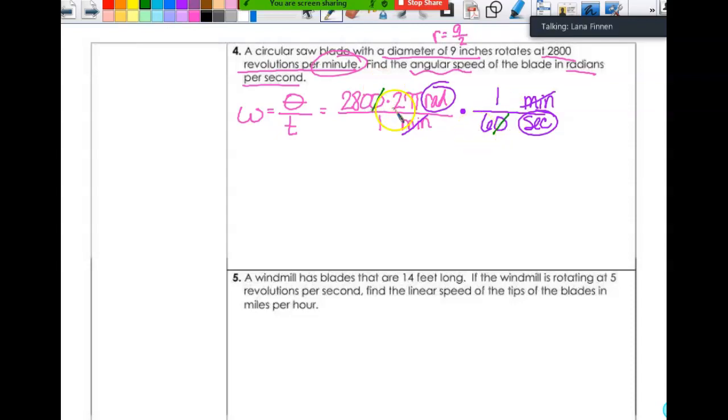This 2 can go away, and I can make this 3. Is 280 divisible by 3? No, because 2 plus 8 is 10. So I now have that my angular speed is 280 pi over 3 radians per second.